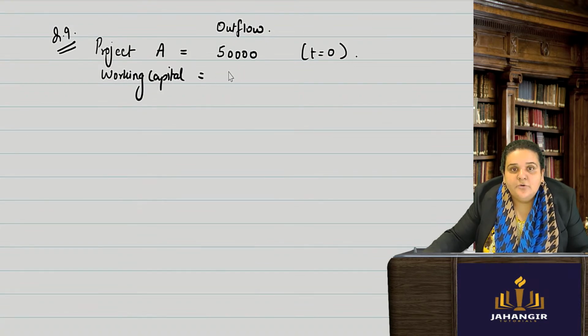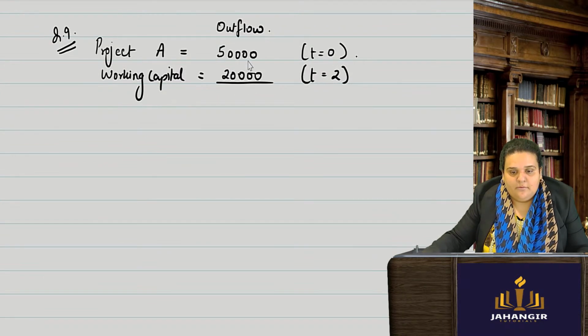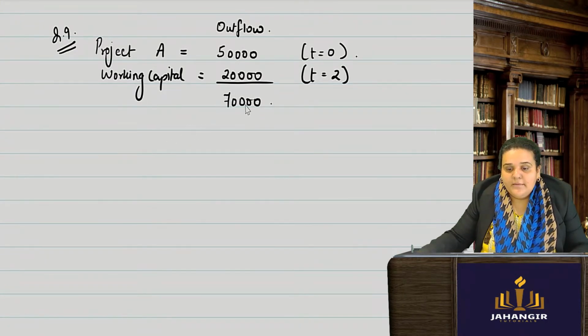Working capital is 20,000. In the year T2 it will get started. So total outflow basically for me is going to be actually 70,000, but this is going to begin in the year 2.